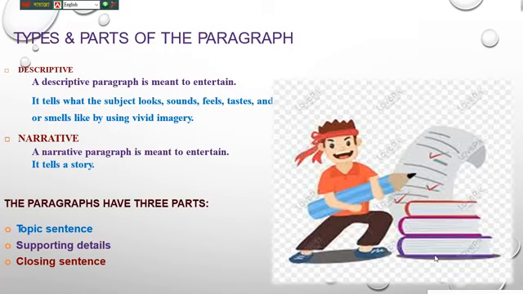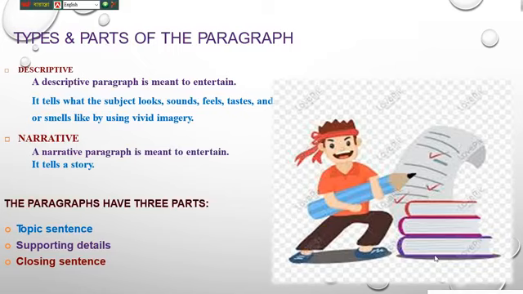The first, let's see what it tells about the descriptive paragraph. A descriptive paragraph is meant to entertain. It tells what the subject looks, sounds, feels, tastes, or smells like by using vivid imagery.